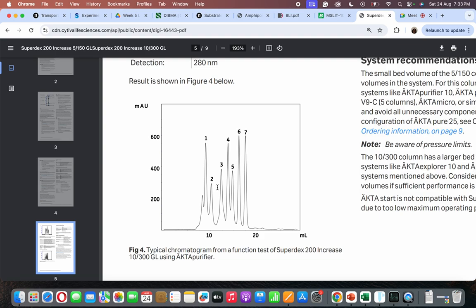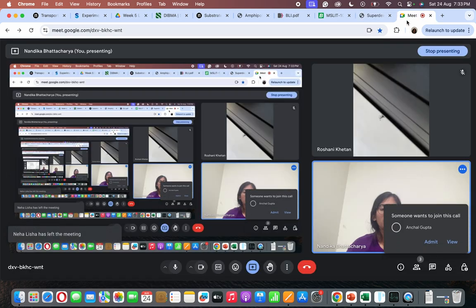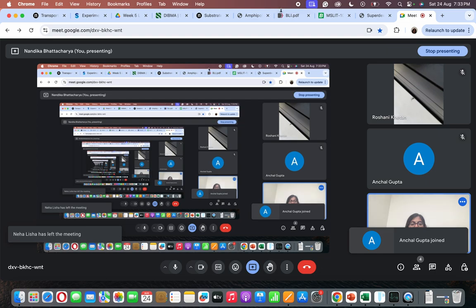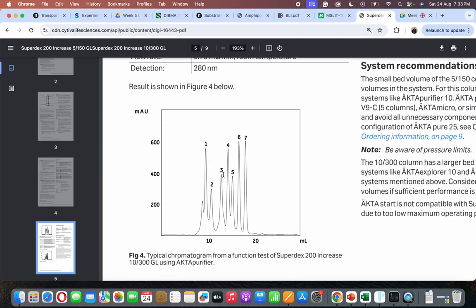Okay. So here, say I have some protein which is maybe 150 kDa. And then I can see that the standard of 158 kDa is number 3, which is here.